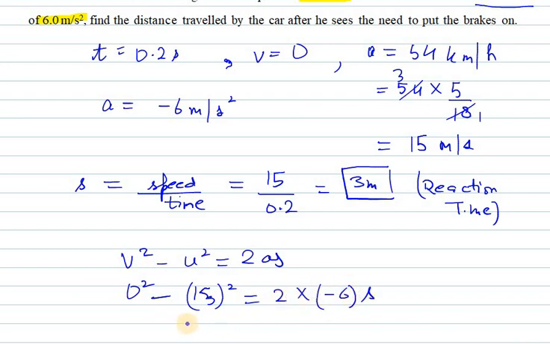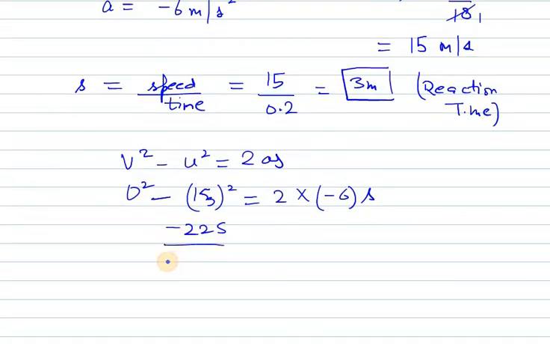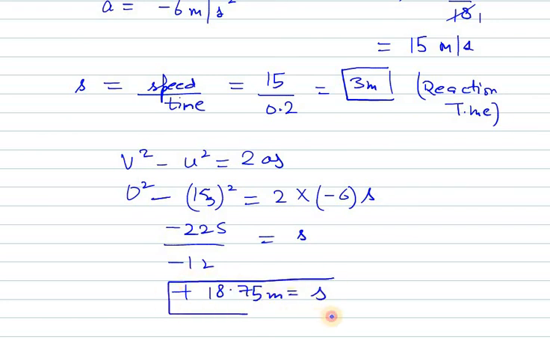So minus 225 over minus 12 equals s. When we solve this we get plus 18.75 meter equals s. So this is the distance traveled by the driver.